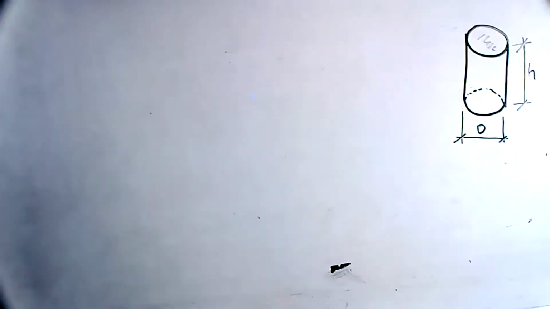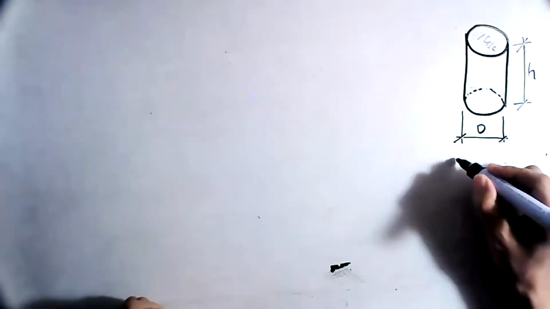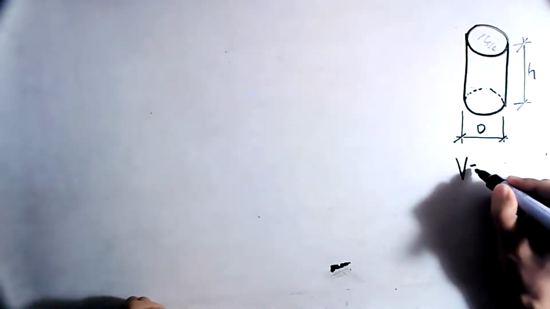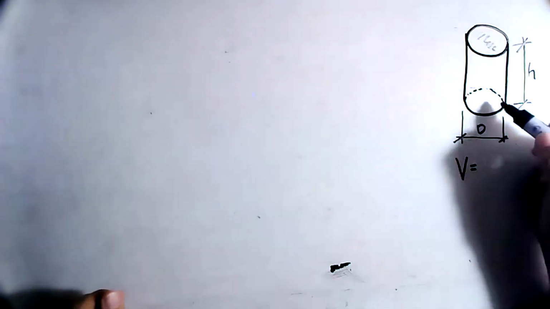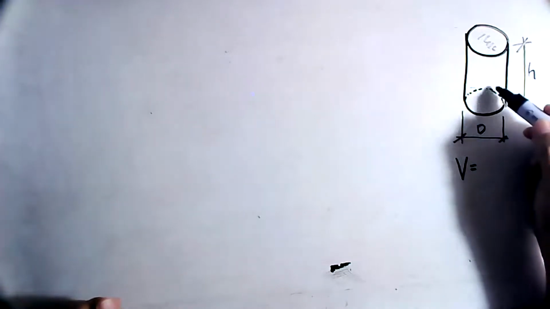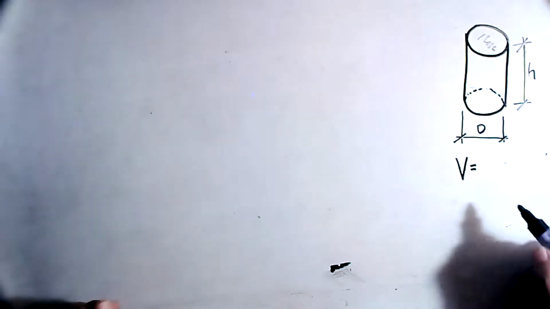Since we have a cylindrical section, we are going to make use of the formula for cylindrical section. So your knowledge in solid mensuration is very much applicable here. For the volume of cylindrical section, all we have to do is to multiply the area of the base of the cylindrical section by the height of the section.